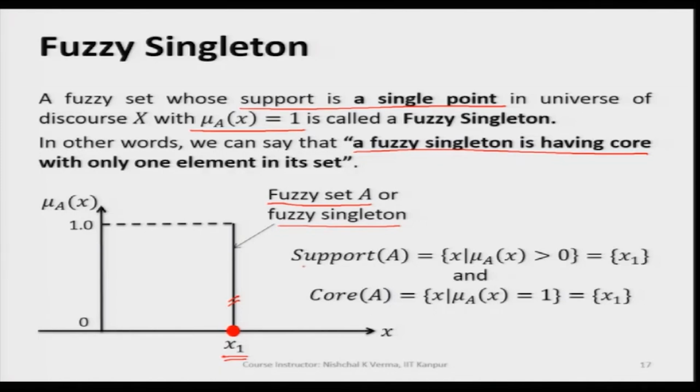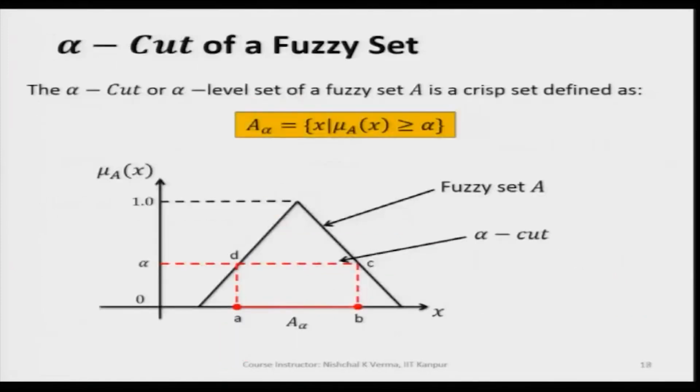So, the support of A is nothing but x1, and the support has a single element and the core is also a single element. In both cases we have x1 only. This kind of fuzzy set is called a fuzzy singleton.